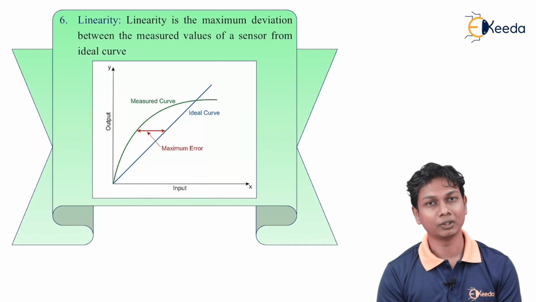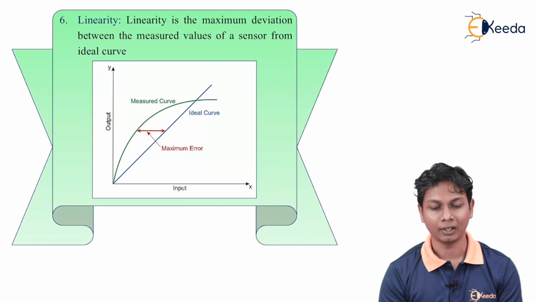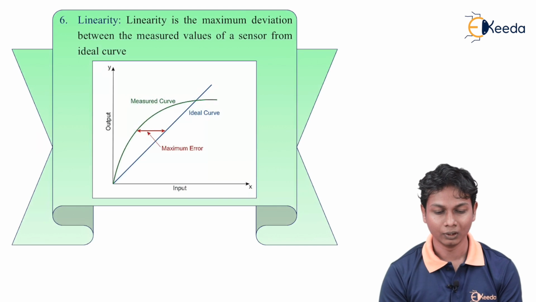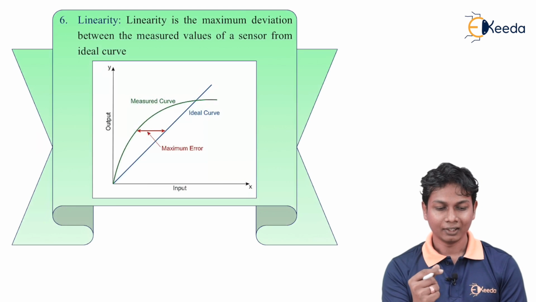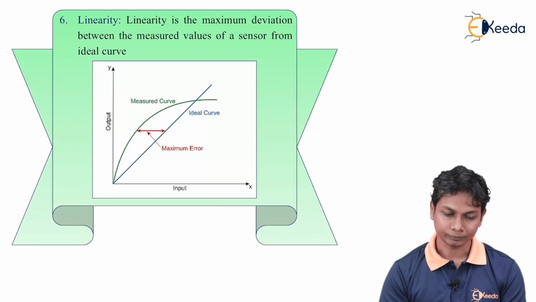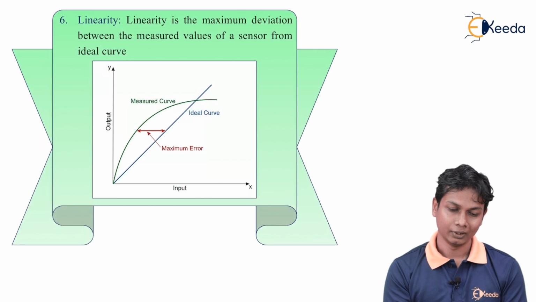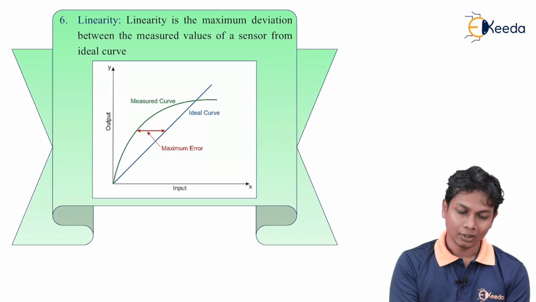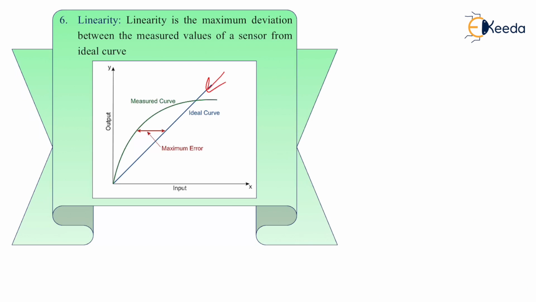Now, we will move to the next part, that is linearity. Linearity is the maximum deviation between the measured value and the ideal value. If a sensor senses a particular value, when it is tested in a lab, it shows the value in an ideal way. Here is the ideal curve.